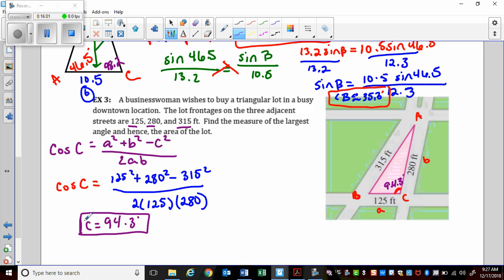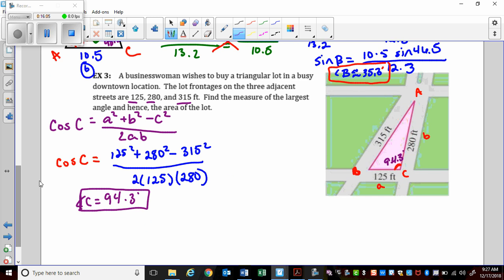This is angle C. All right, well, we know how to find the area of a triangle. We learned this last notes.